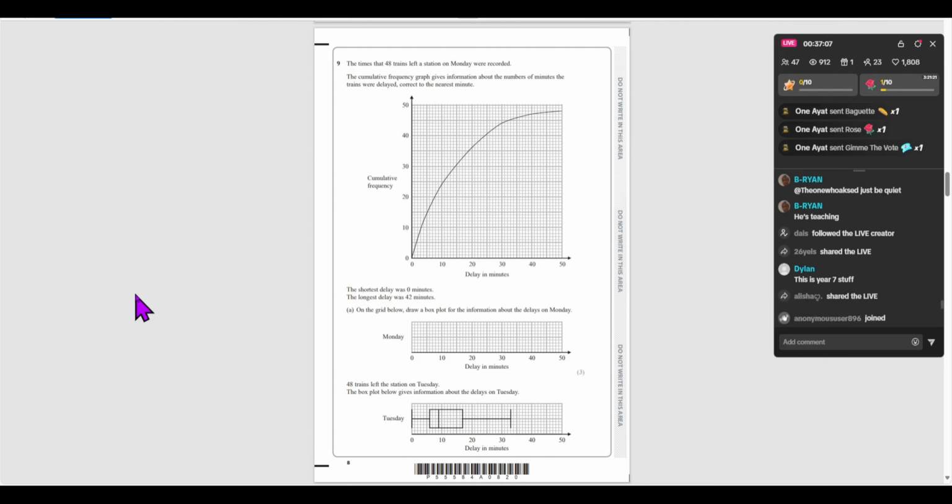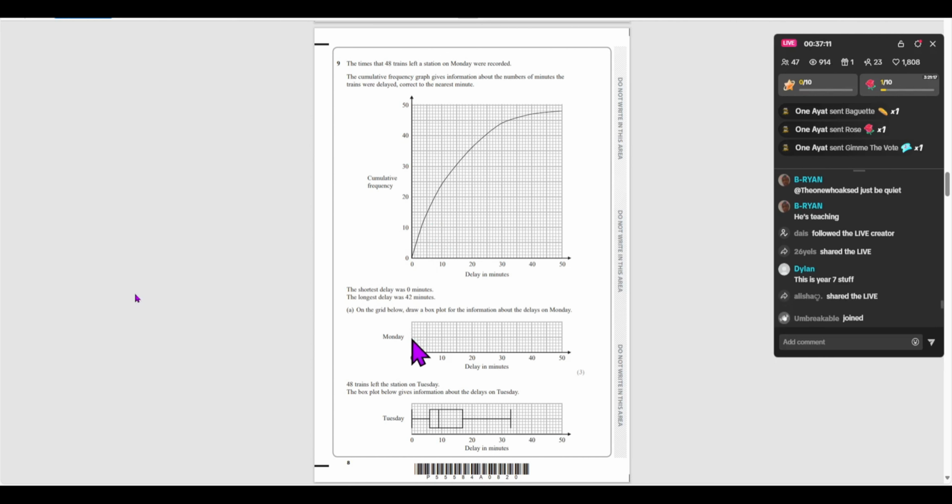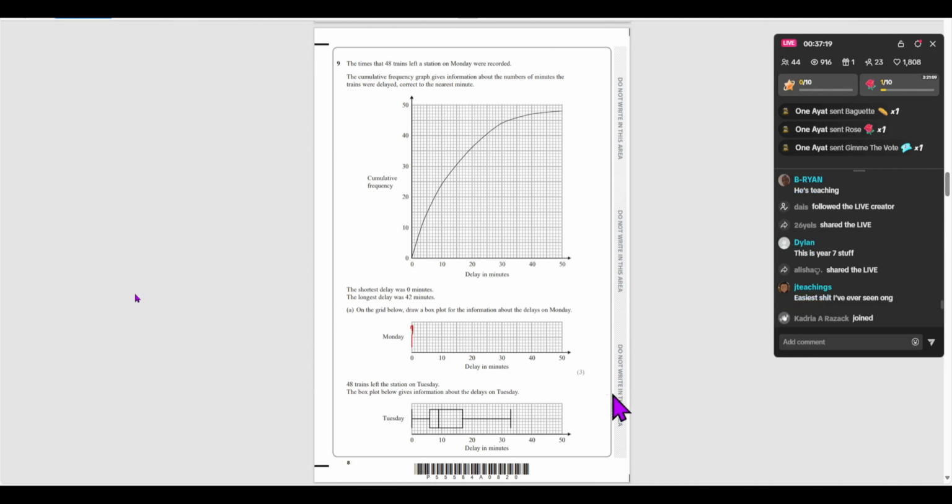So what we need to do, the shortest delay was 0, so we put a line over here at 0. And then the longest delay was 42, so you put a line over here at 42.